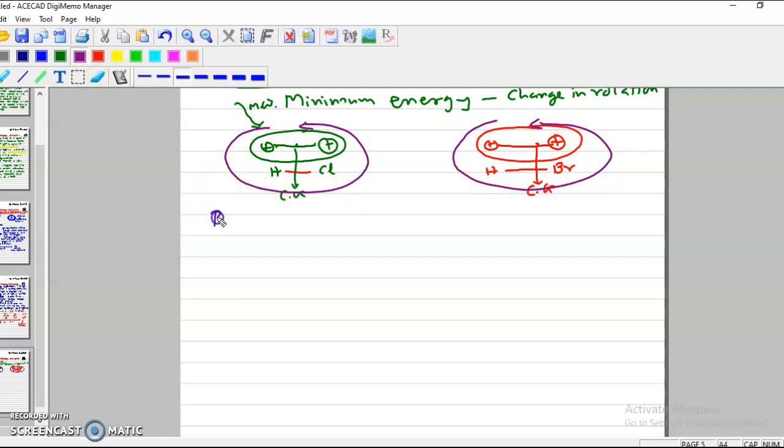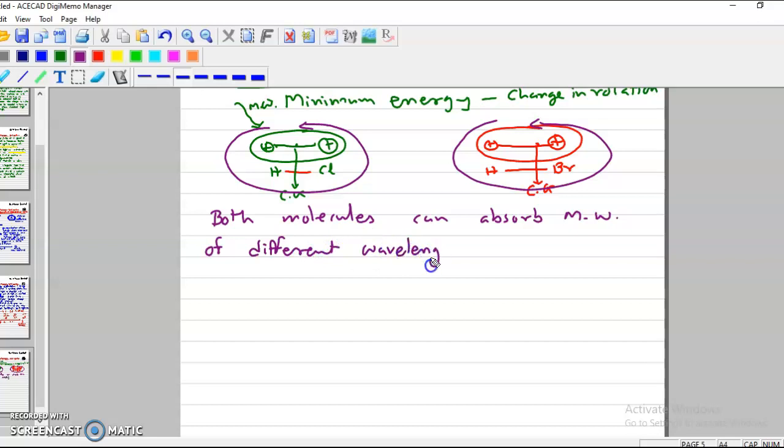So both molecules can absorb microwaves of different wavelength and show different rotational motions.